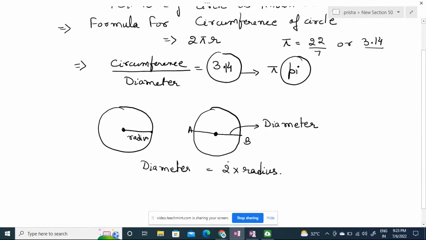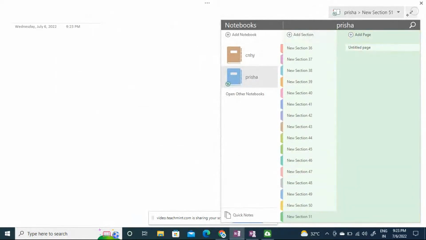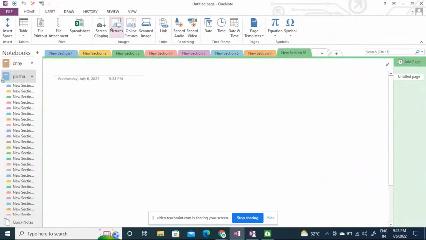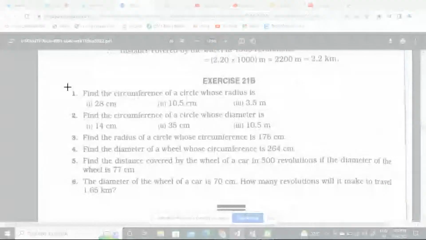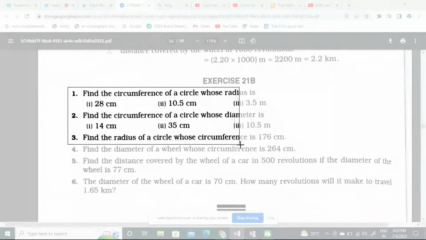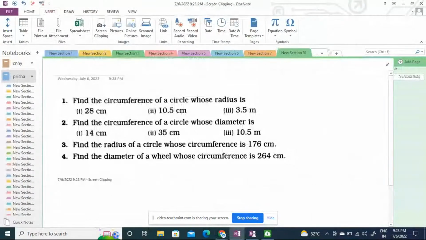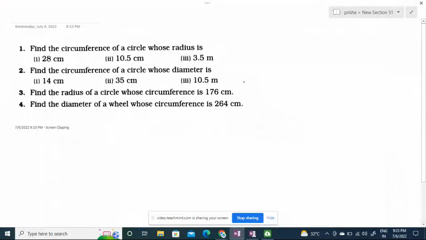Now I'm going to explain questions from the exercise. Now these are the questions I am going to explain.